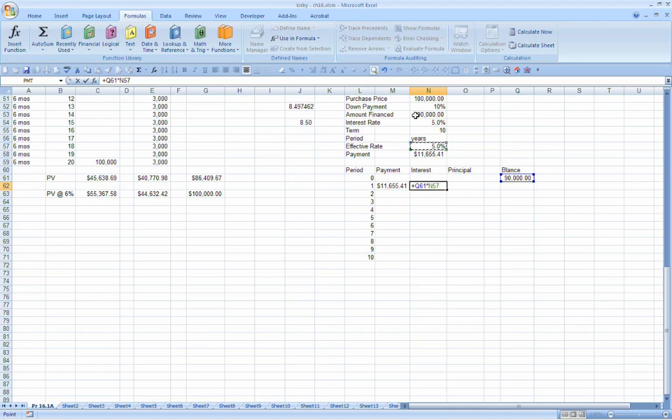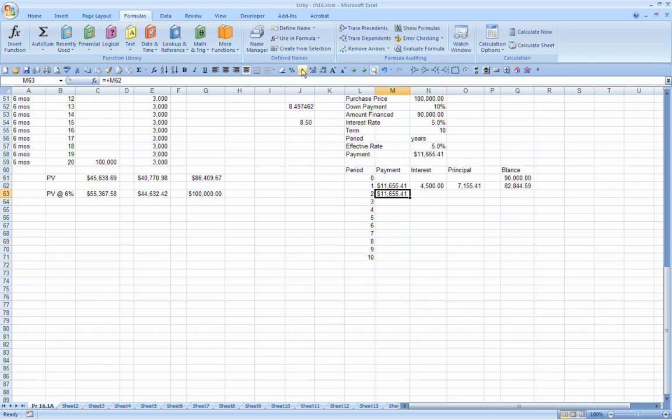So I can use that, and it'll cover both for me just like it did in the PMT function. So my interest is $4,500. So the principal part of my payment is the payment minus the interest. So my balance only goes down by the principal, plus the balance minus the principal. My new balance is $82,000.